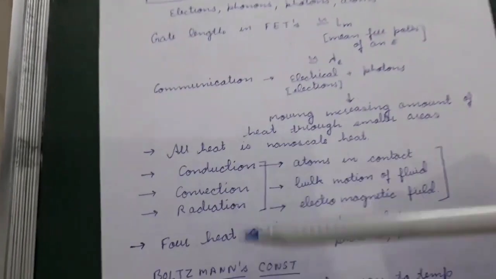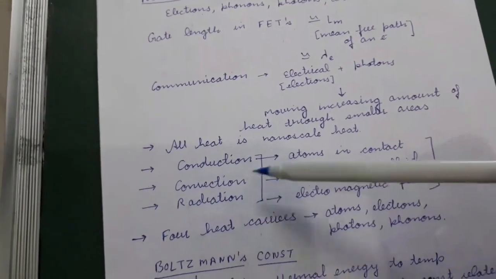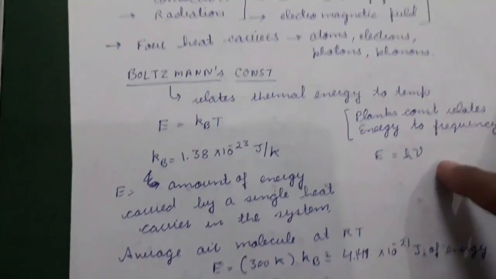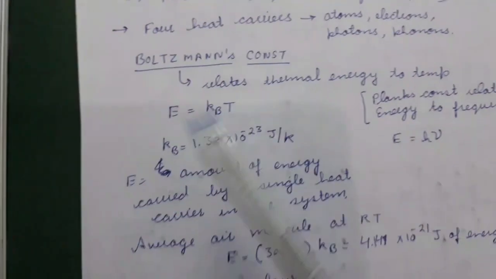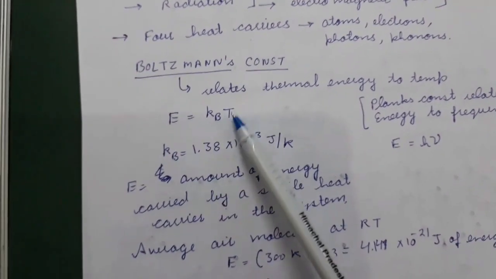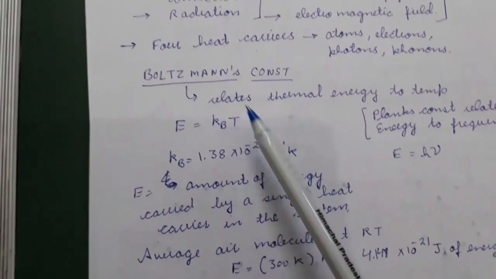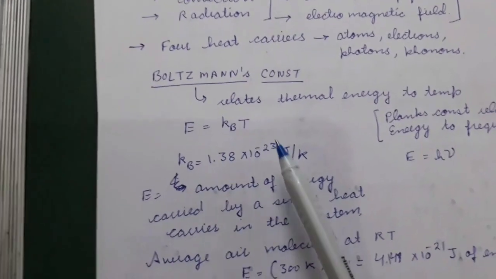So we have also seen that heat transfer takes place by conduction, convection and radiation. Now let's try to understand that the energy associated when heat is available in a system is given by kT, where Kb is the Boltzmann's constant.